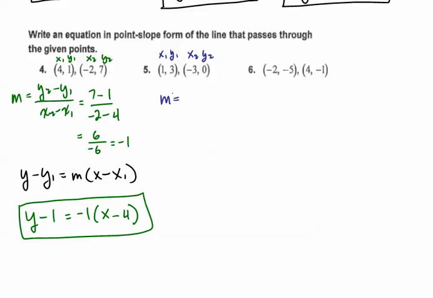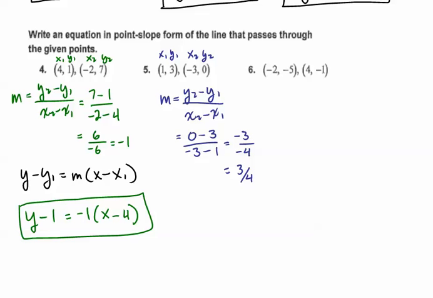M is equal to y2 minus y1 over x2 minus x1. y2, 0, minus y1, 3, over x2, negative 3, minus x1, 1. And we get negative 3 over negative 4, which comes out to be positive 3 over 4 for our slope.